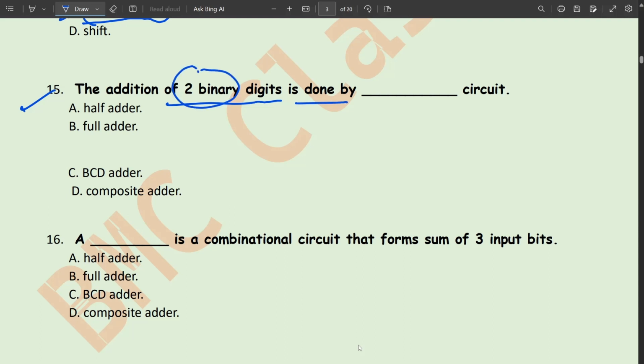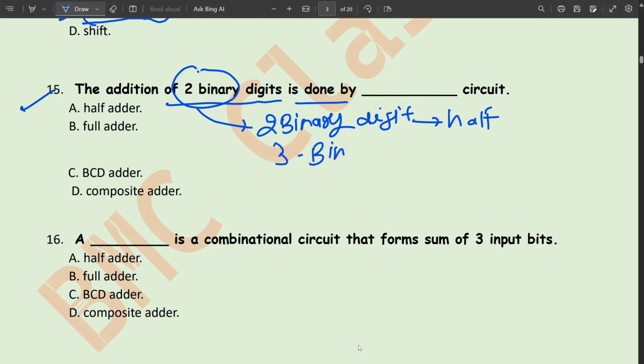Whenever you see two binary digits, the answer will be half adder. And for three binary digits, the answer will be full adder.